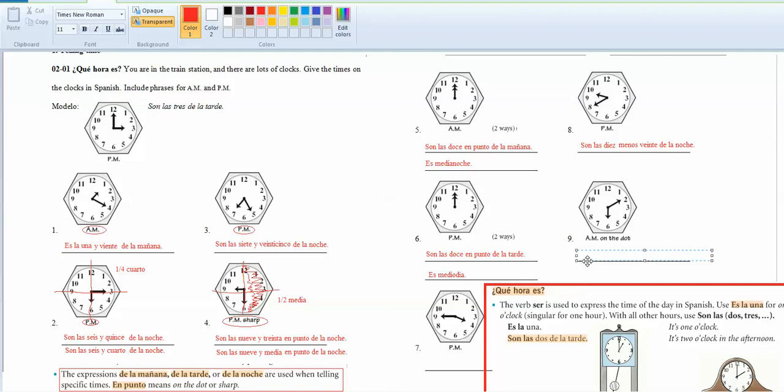So if you're saying it's 6:10, you're not saying it's 1, so you're going to write "son las," 6, and this time, because it's 6 and some minutes, it's not minus some minutes to get to the hour you're mentioning. So "y 10 en punto de la mañana."